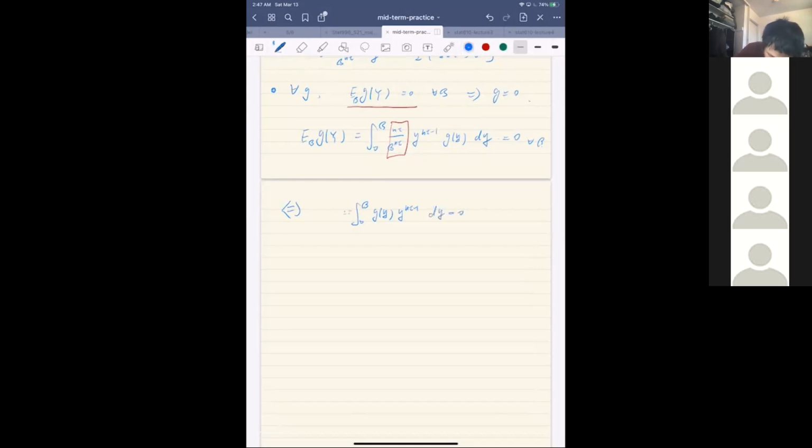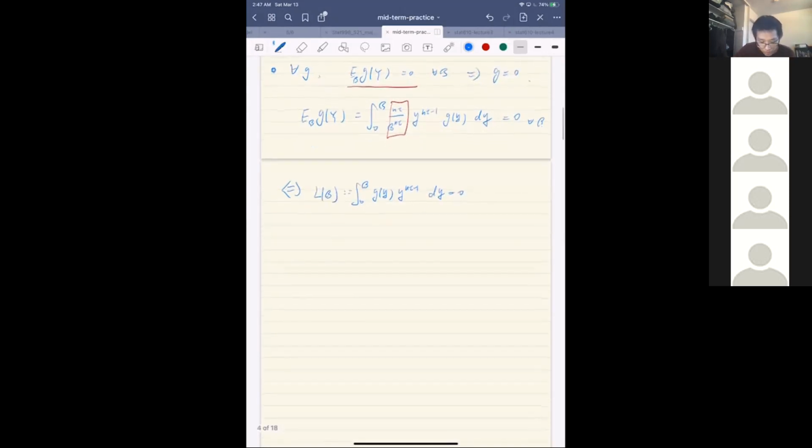So we can define this function as L of beta. And then we can find the derivative of this. This should also be 0. And the derivative of this, by the fundamental theorem of calculus, should be g of beta times beta to the n tau minus 1.